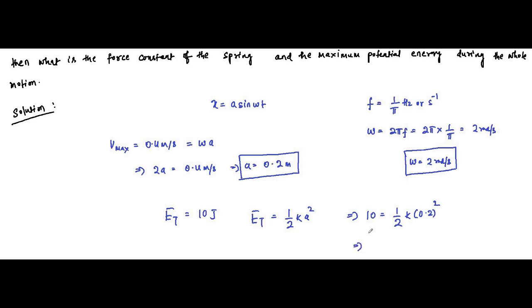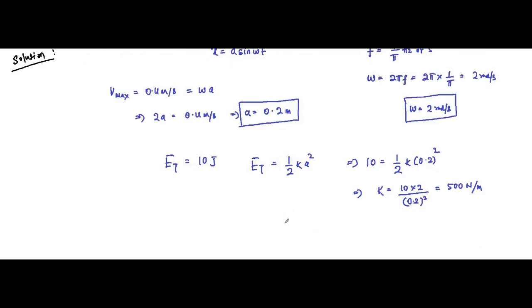That implies K is equal to 10 into 2 by 0.2 whole square. That is equal to how much? It is coming around 500 Newton per meter. That is the force constant or the spring constant. K is equal to 500 Newton per meter.